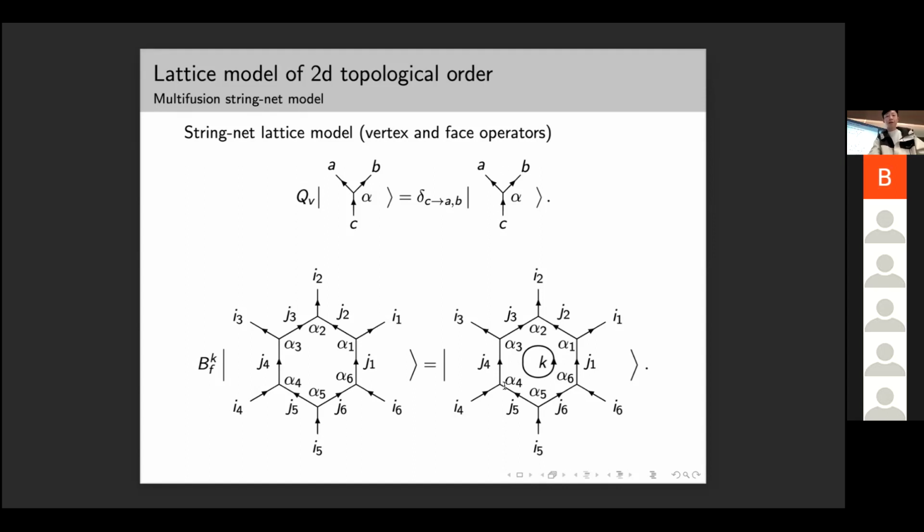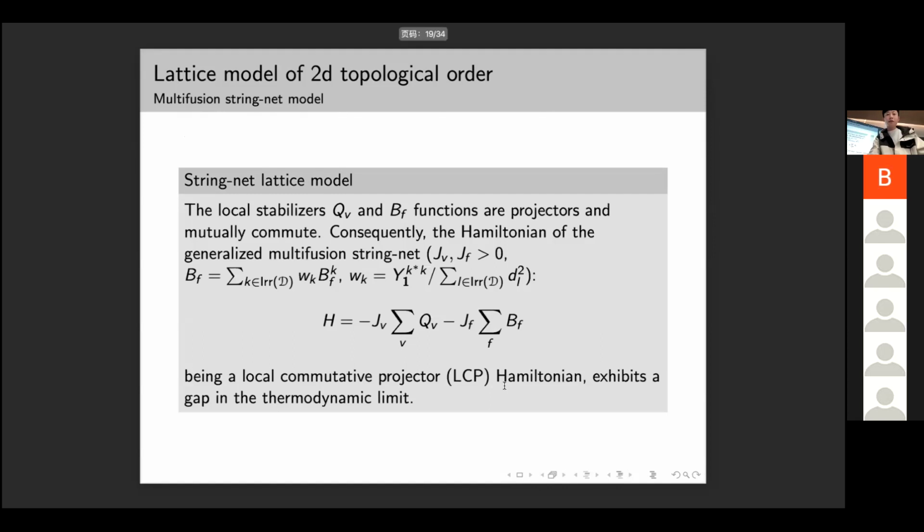Then we define a corresponding matrix. And the model is completely the same as the Levin-Wen string-net model. We will have the vertex operator and the plaquette operator defined in the following way. This is just the sum over the B_k, and the omega_k is just what I write here.